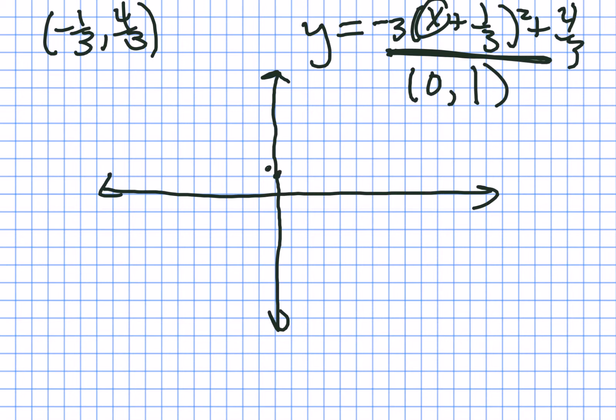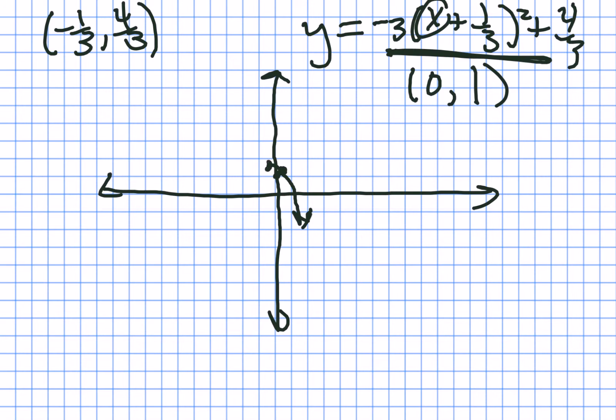So let's plot that point. Okay, and we know it's open down. Well, how do I know it's open down? Well, that's because the a is a negative number. So if that's negative, that tells us it's open down. If it was positive, it'd be open up. So we have our point, so we know that it is going down. We could also find our x-intercepts, which we might do, or that might be a different problem.